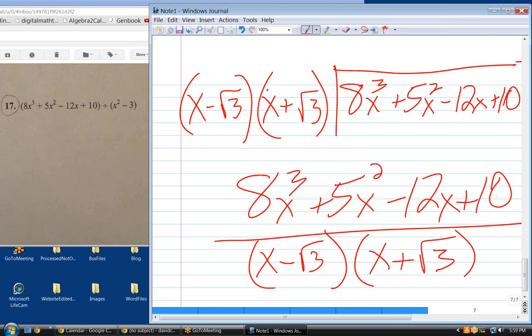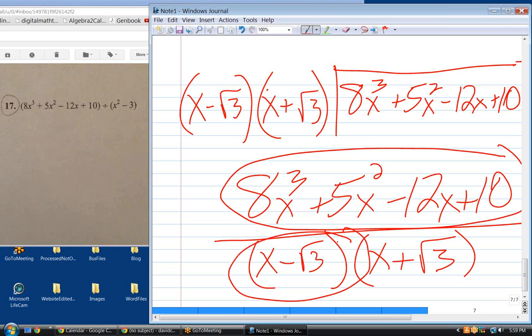It is. So now what I'm going to do is divide this by this. Since I'm dividing a cubic by a linear, I will get a quadratic as an answer. And then I will take that quadratic and divide it by that. And I will get a linear answer for that.